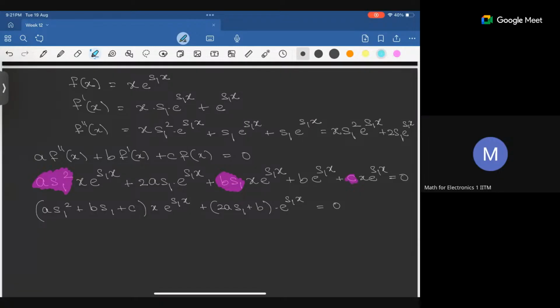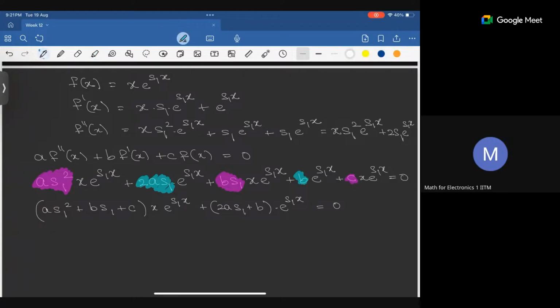Right, the other terms, if I club together, I'll have 2a s1 and b. So if I pull them separately, I'll have a s1 square plus b s1 plus c into x into e power s1x plus 2a s1 plus b into e power s1x is equals to 0.